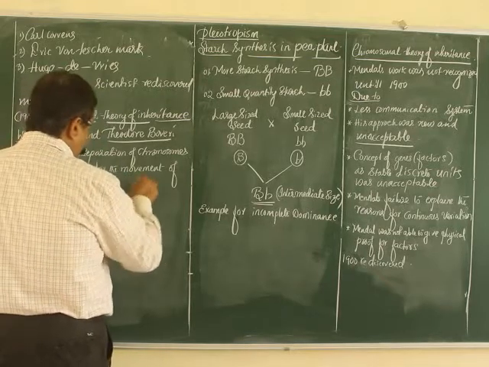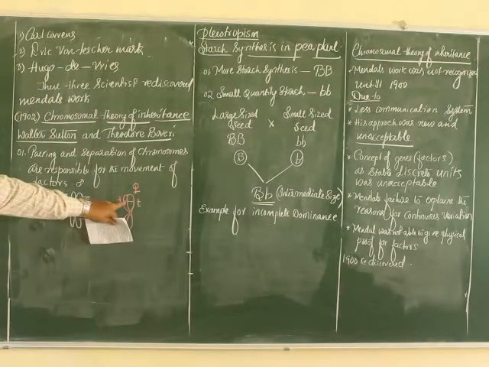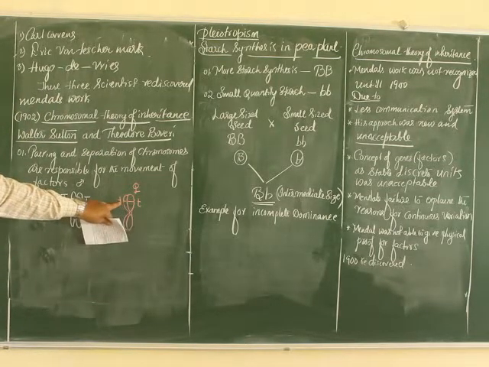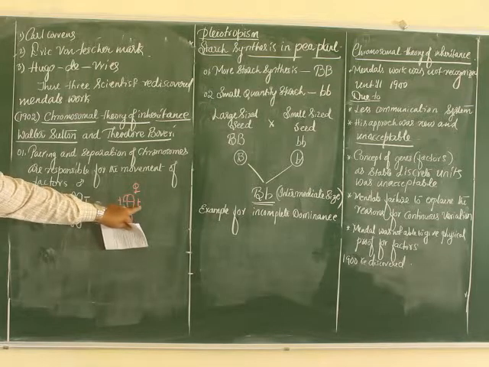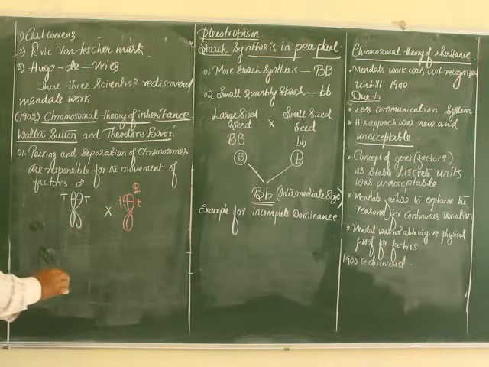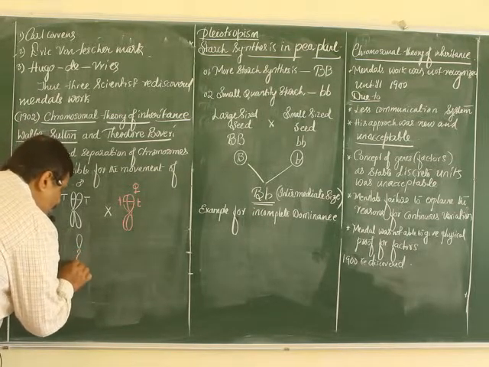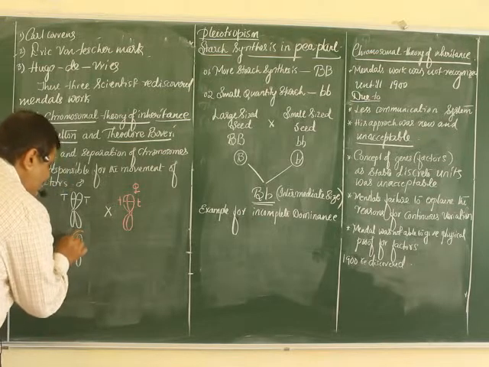This is the female plant. In this chromatid, small t is there, and in this chromatid, small t is here. Now what happens? In the gametes, only one chromatid will move to one gamete because they are haploid.